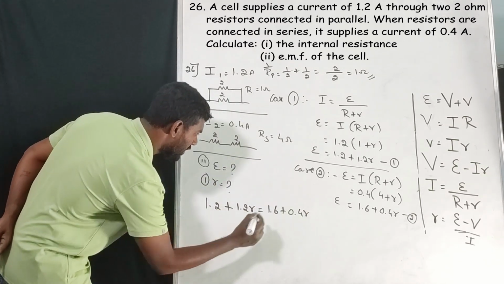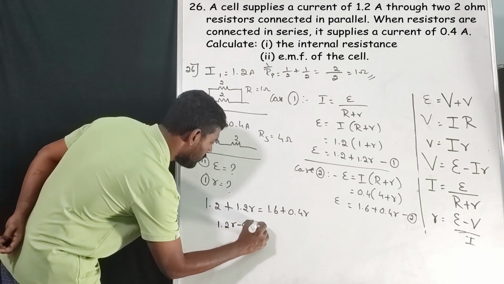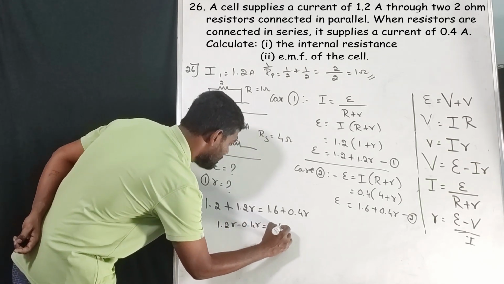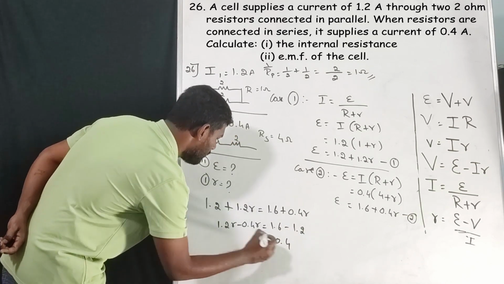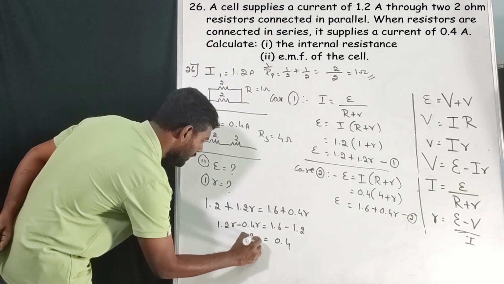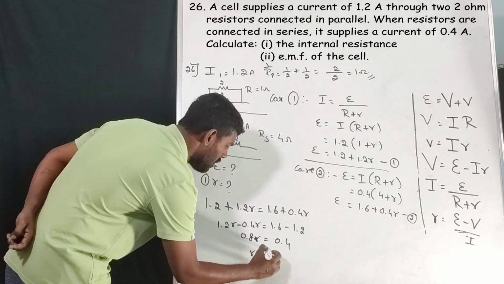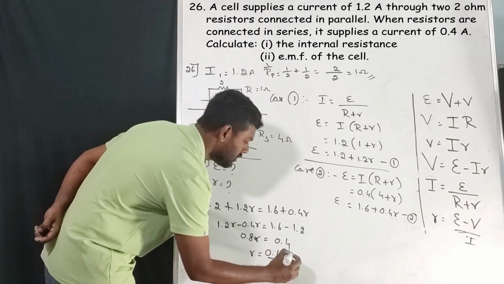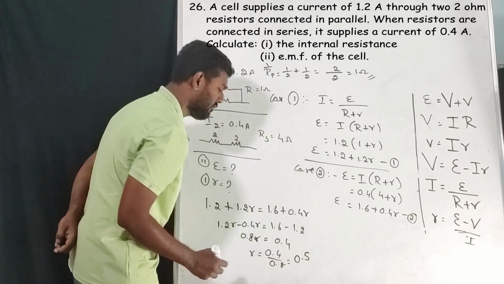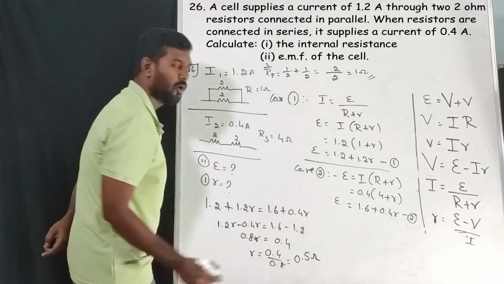Send this 0.4 r to this side, 1.2 r minus 0.4 r, and 1.6 minus 1.2. So this side it will be 0.4, and this side it will be 0.8 r. Correct. So r is equal to 0.4 by 0.8, that is nothing but 1 by 2, which is 0.5. What we are finding is internal resistance, the unit will be ohm.